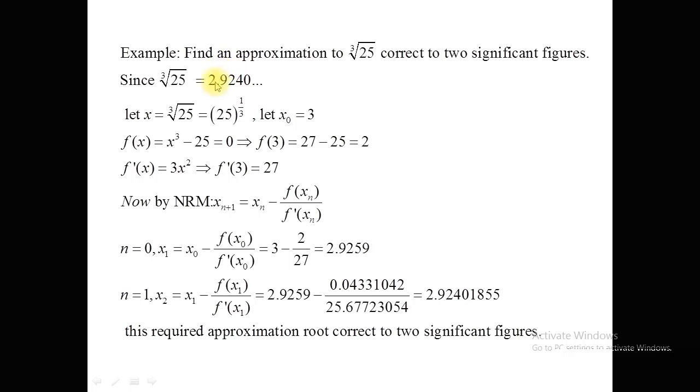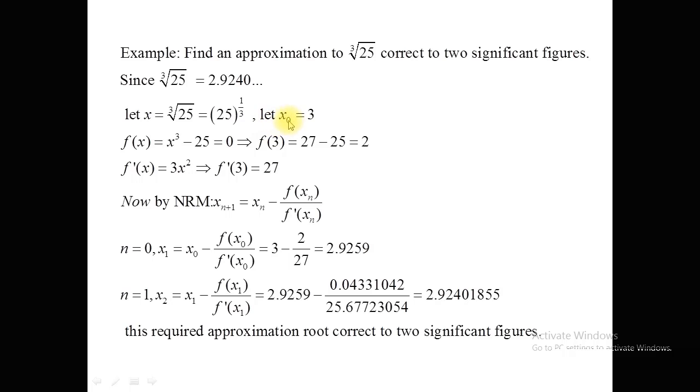So note that this is the result of our given question. Now using the Newton-Raphson approximation, suppose this is equal to x, and the nonlinear equation becomes f of x is equal to x cube minus 25. Taking cube on both sides, we get x cube equals 25. So the function will be f of x is equal to x cube minus 25 is equal to 0.